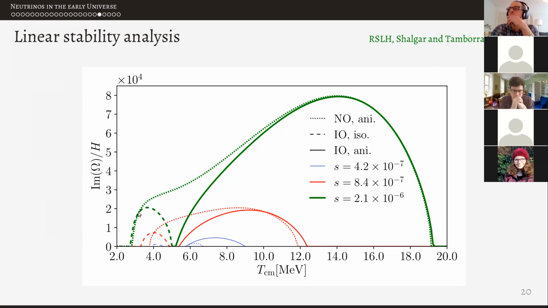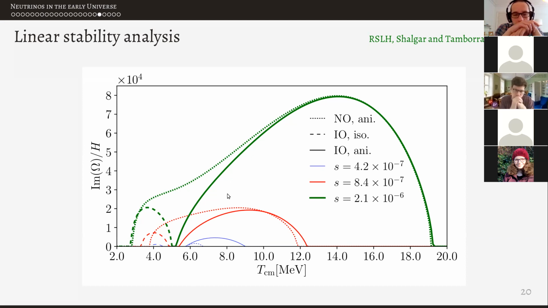Here you can see that there's a growth rate which is non-zero, and that means that those kinds of solutions will be there. We will have an instability of the neutrino-neutrino term in this case. However, for normal mass ordering, you can see that it's only the anisotropic solution that is present here.